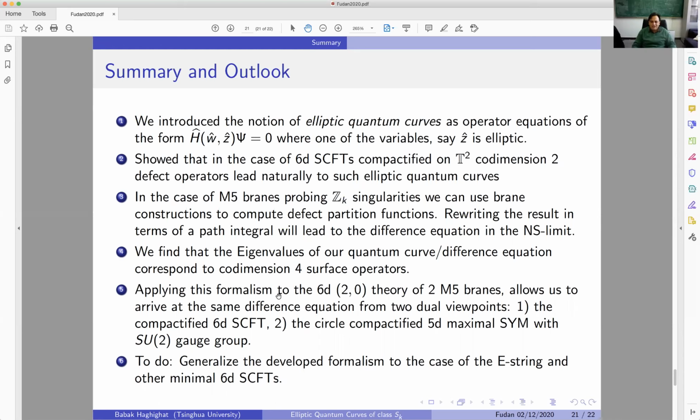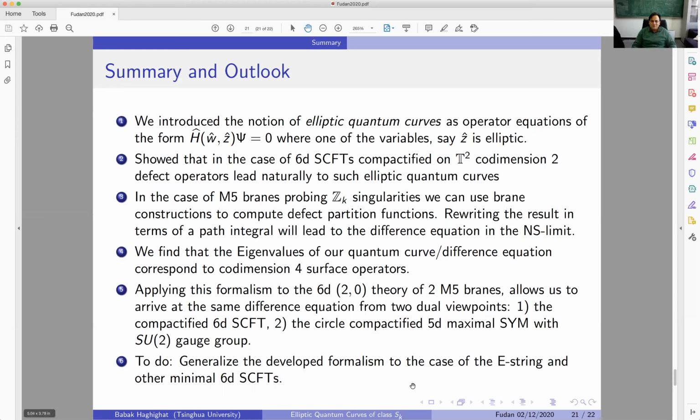We checked this against a dual description of the 6D (2,0) theory of M5 branes, namely that it can be rewritten in terms of 5D maximal super Yang-Mills. So we have this defect in a torus-compactified 6D theory, but we can also take the circle-compactified 5D super Yang-Mills with SU(2) gauge group plus defect, and the two results matched.